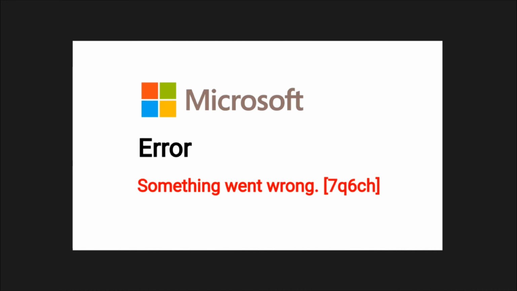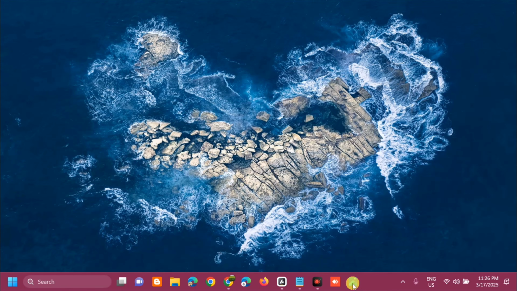It appears during app sign-in attempts. This error 7Q6CH also often occurs due to network problems, corrupted cache files, file corruptions, and conflicts with a recent Office update. Without further ado, let's go ahead.